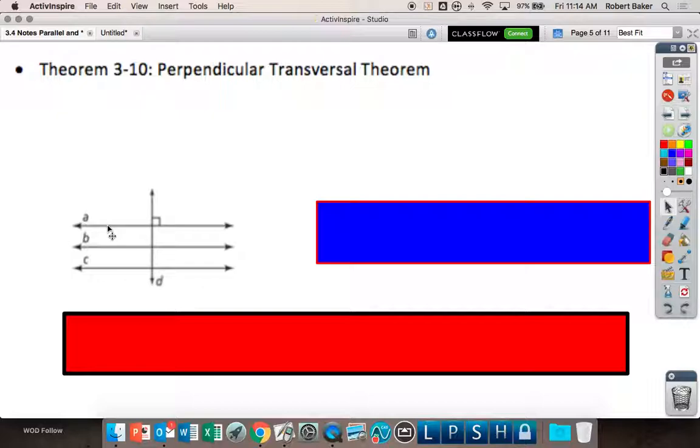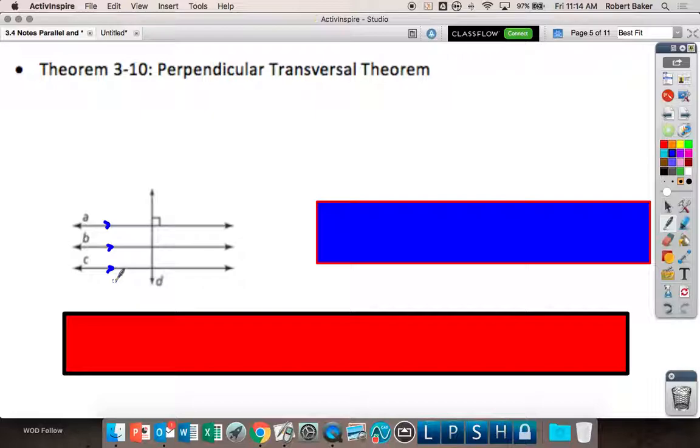The part that's missing in the diagram should say, so right now we know that A, B, and C are all parallel to each other, but we only know that D is perpendicular to A. So if these three lines are parallel and D is perpendicular to A, what can you justify about D and B? They are also perpendicular.